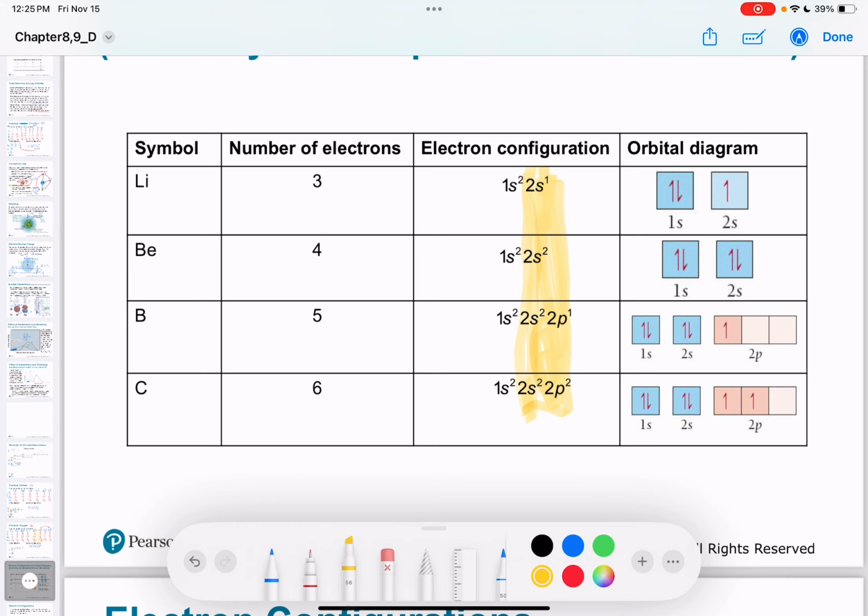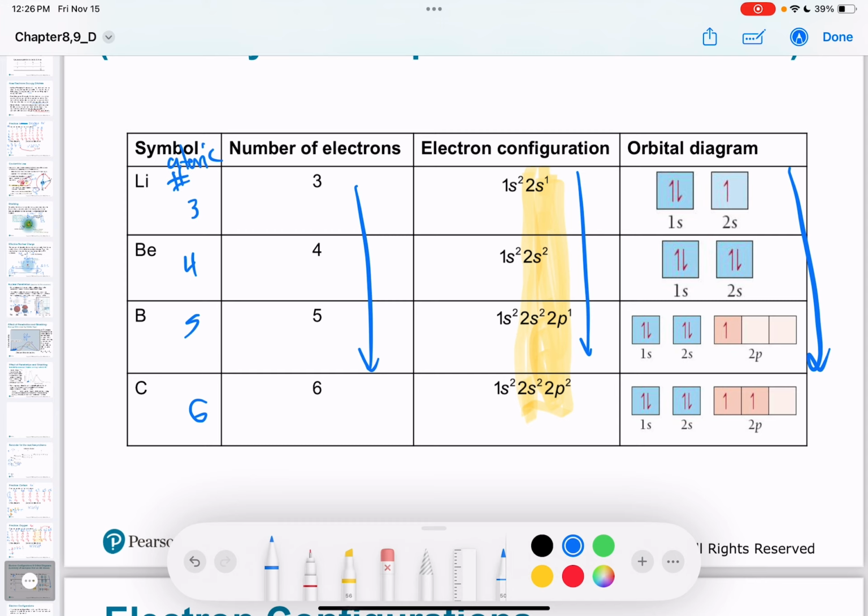Another thing is we're just changing the number by 1 every time because the proton number is changing, right? If you look at the number of protons, the atomic number, this goes from 3 to 4 to 5 to 6. So the number of electrons is changing. And so in the electron configuration, as well as in the orbital diagram, we're just adding 1 more electron every time we move along a row in the periodic table.